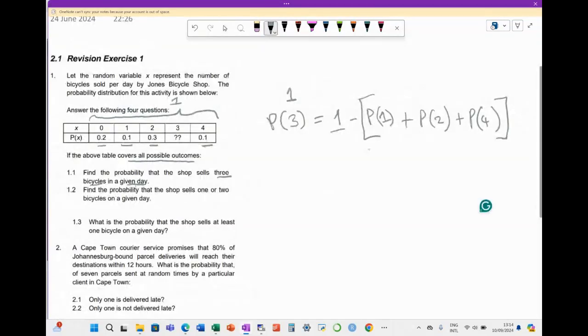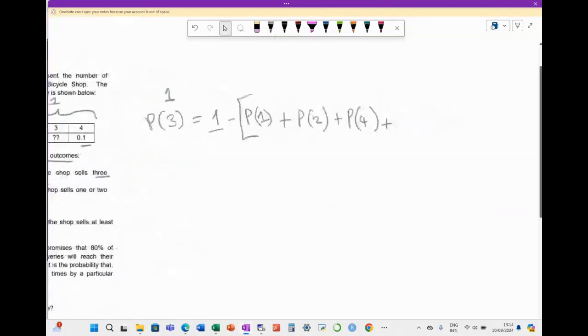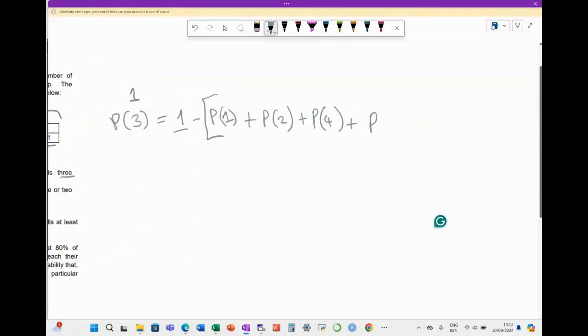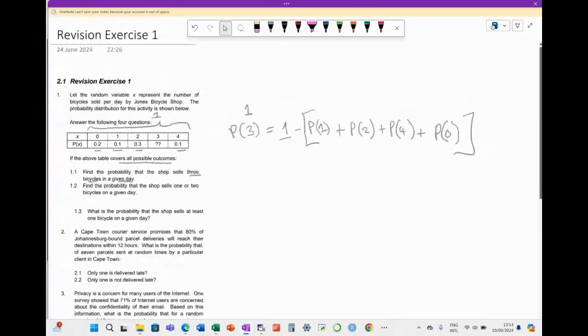Probability of 1 and then plus also the probability of 0. We forgot to add that one, because that is also a possible outcome.